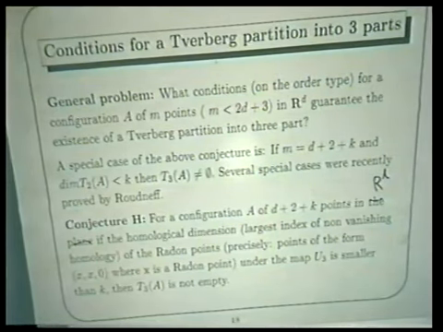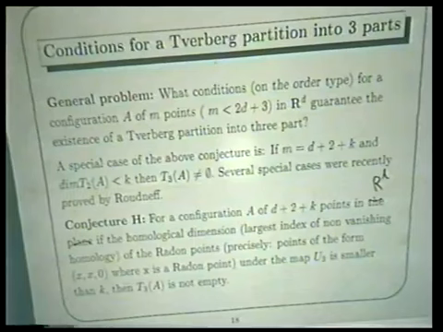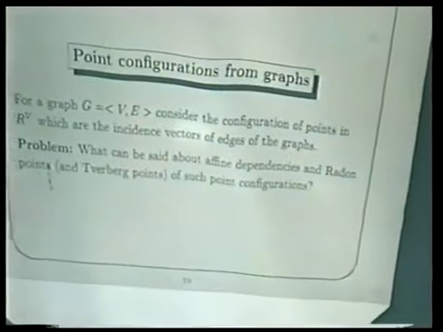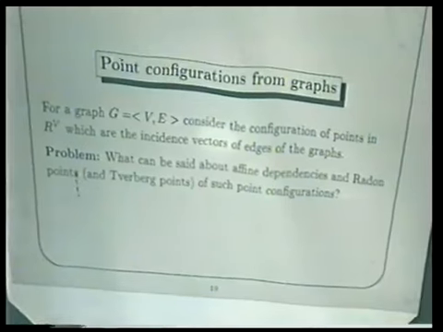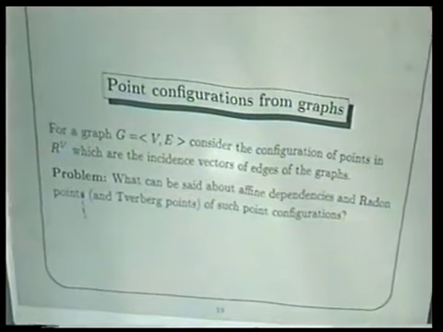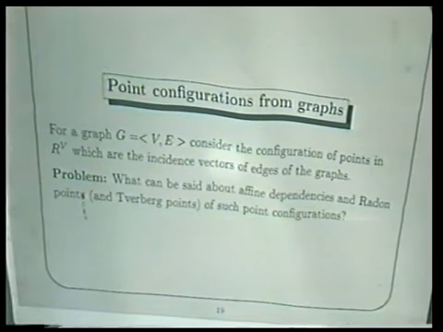Anyway, so where are we? Okay. So now I would like to draw attention to a special class of configurations of points. And this is configurations of points which come from graphs. So if you have a graph, or eventually consider also planar graphs, then you can consider just the incidence vectors of the edges.